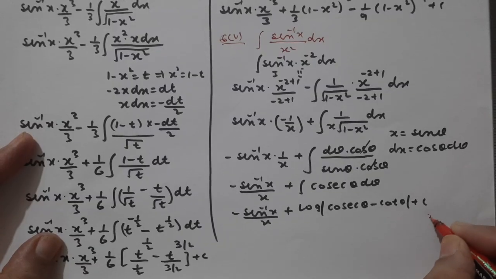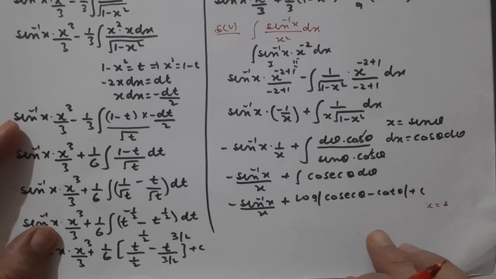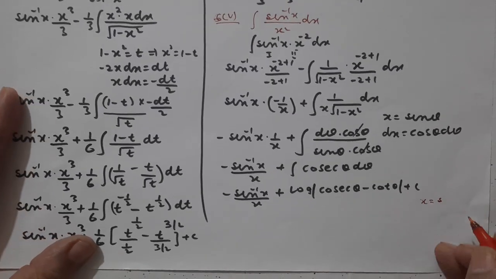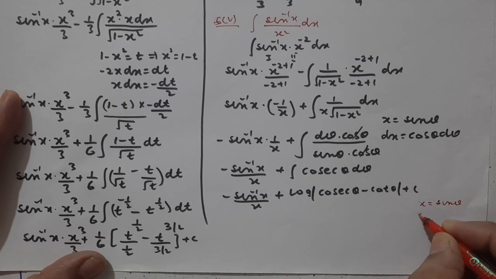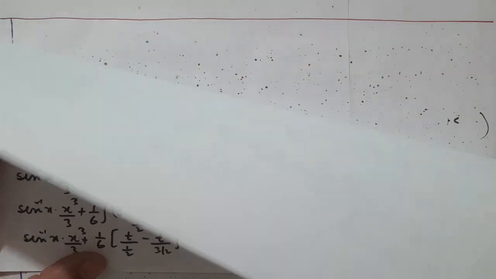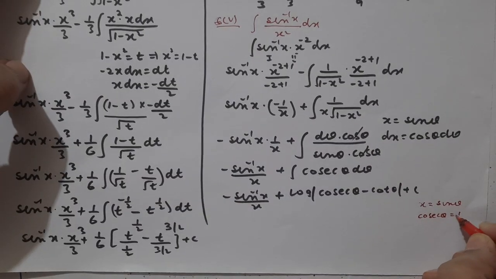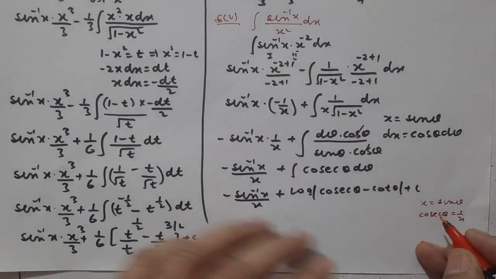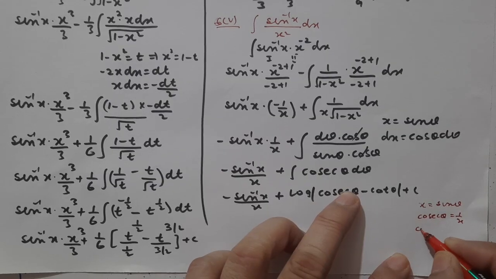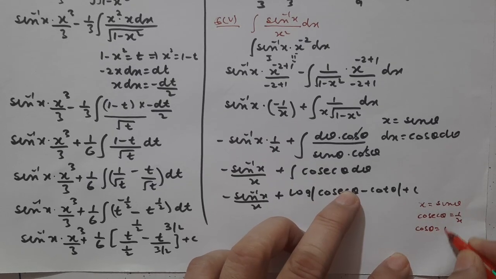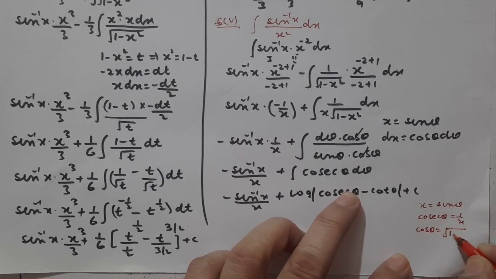We have x equal to sine theta. You can see, students, x is equal to sine theta. So cosecant theta will be 1 by x. Cosecant theta is 1 by x, and if I want to find cos theta, it equals under root 1 minus sine square.